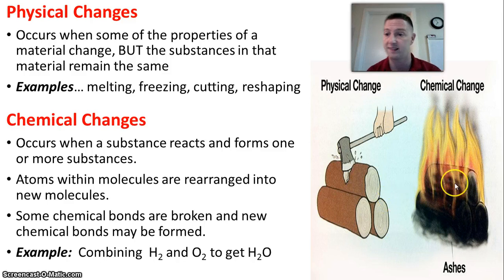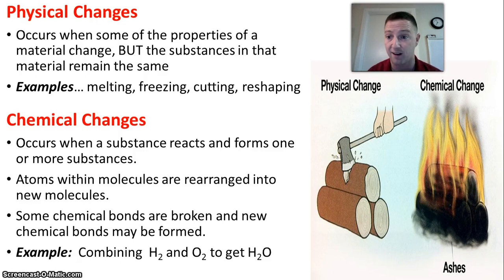Come back to our wood example over here. When we put it in a fire, when we burn it, we're mixing the wood with the oxygen in the air. That's called a combustion reaction. We'll learn more about that later. But in a combustion reaction, I'm going to take some sort of organic molecule and burn it using oxygen.